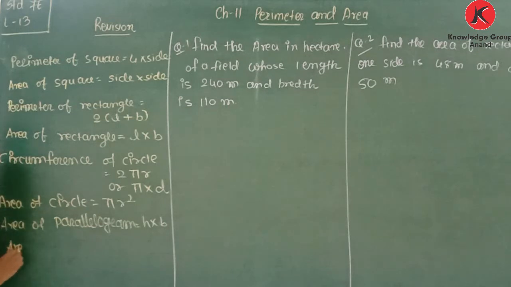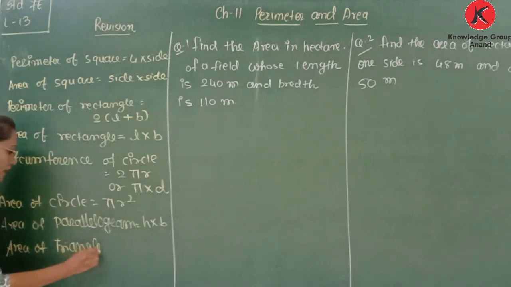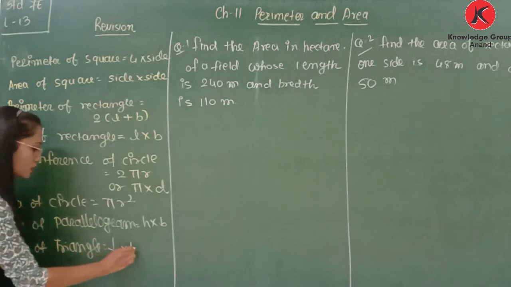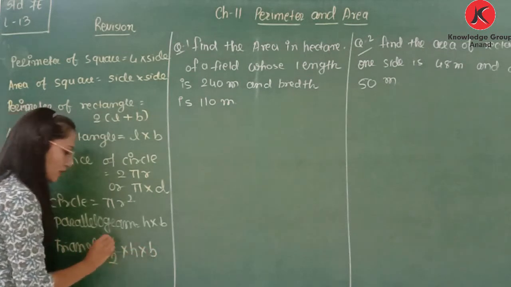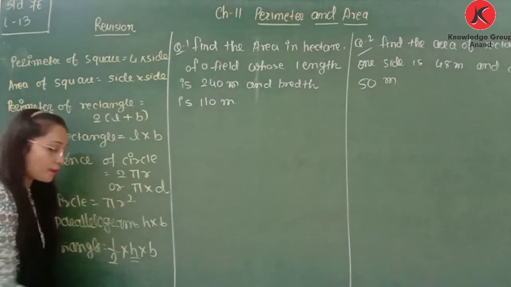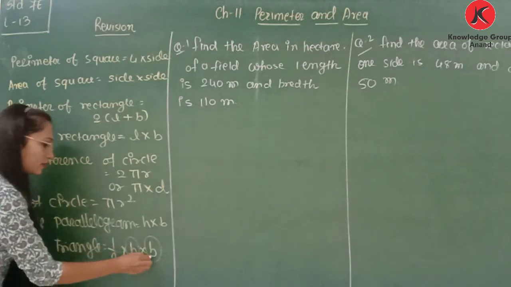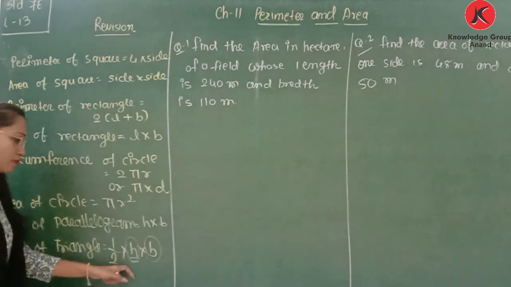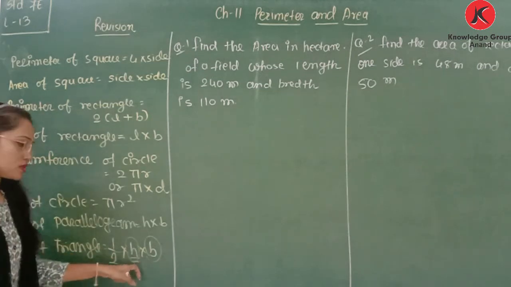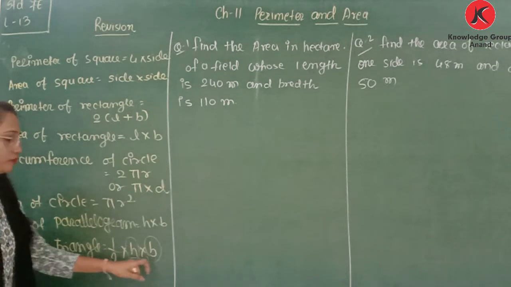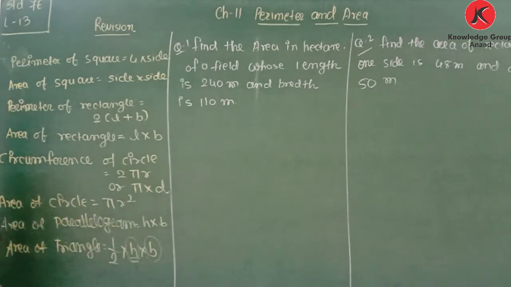Area of a triangle, that is 1/2 height into base. It means you need to consider the height that makes a perpendicular distance. It is nothing but the altitude. And b, that is the base, the line that the perpendicular falls on, will be our b. Okay, so these equations we learned in this chapter.